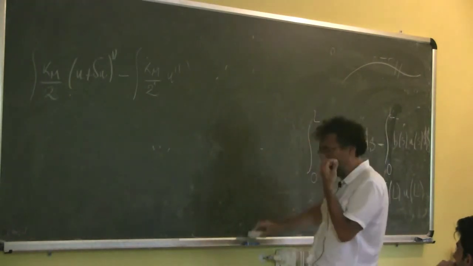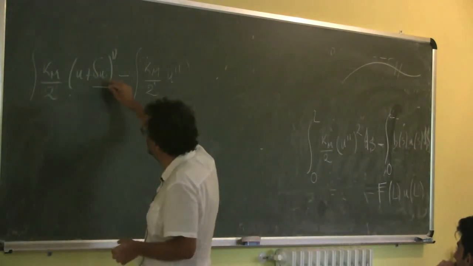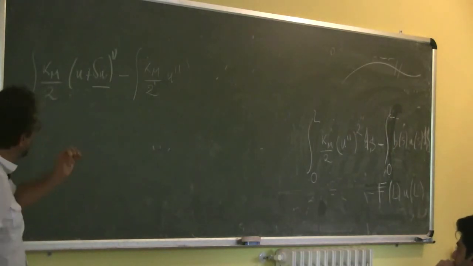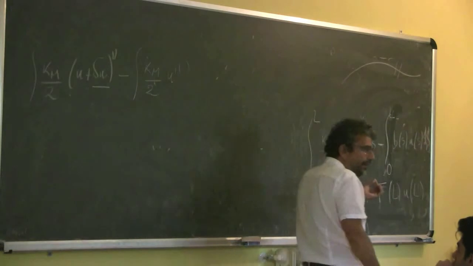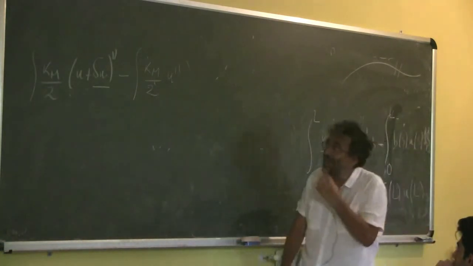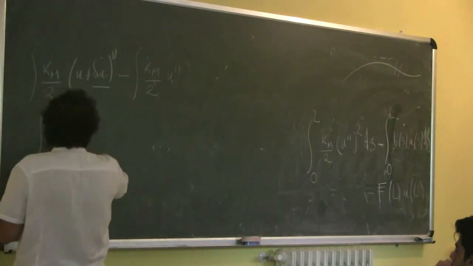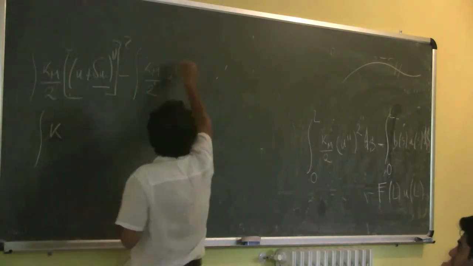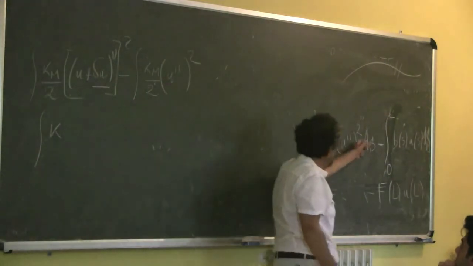Now, what does delta u mean? Delta means that the variation is small. Of course here I must write the square. Okay? I have the square there.